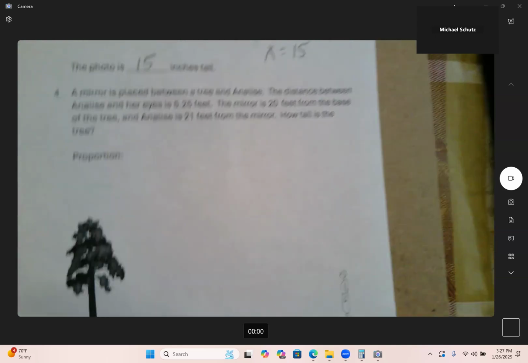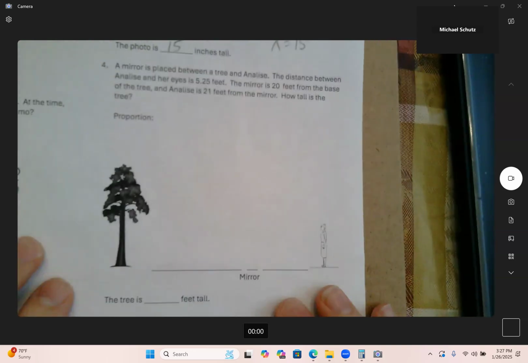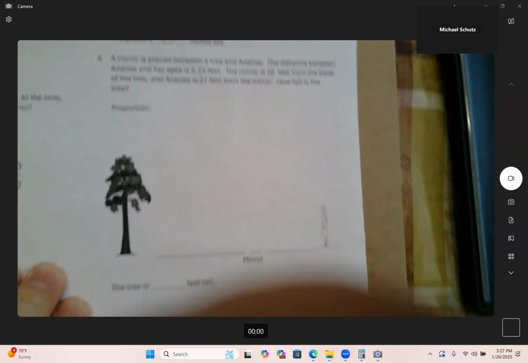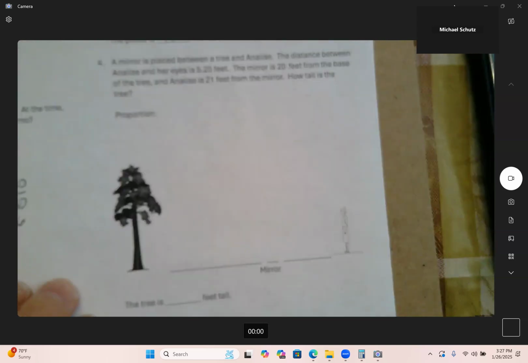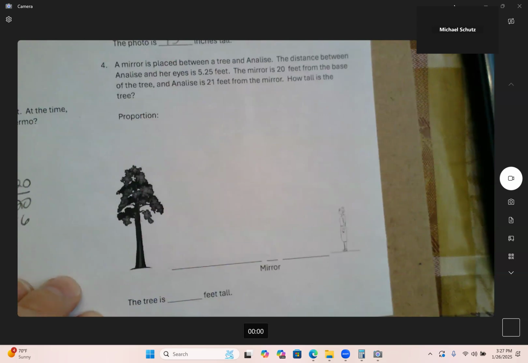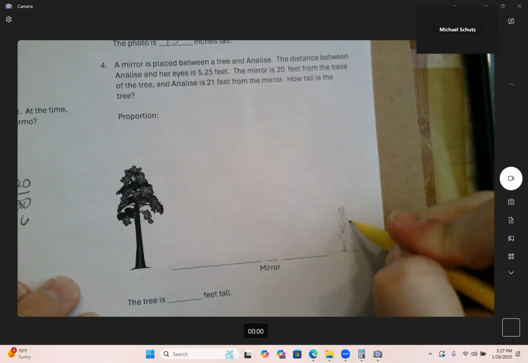All right, let me zoom out just so you can see this a little more clearly. All right, that last one, let me go ahead and also focus that just a little bit better now, hopefully. There we go. Okay, it says a mirror, here's my mirror, is placed between a tree, and here's Annalise. The distance between Annalise and her eyes is 5 feet.